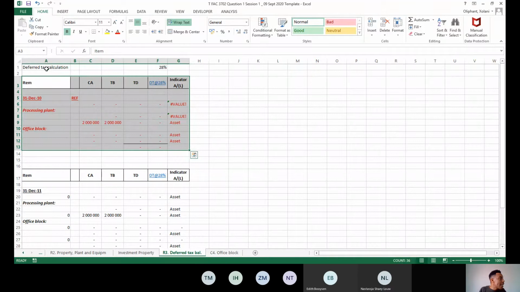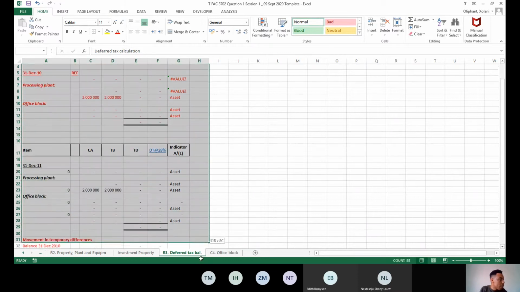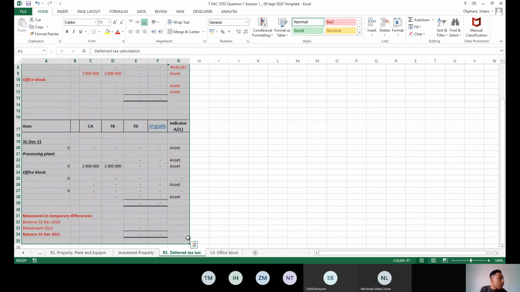So this will be a deferred tax calculation, right? A deferred tax note will be different compared to this. So if they ask you to do a deferred tax note, and you only end here, you're not going to get any marks, because the required, let's say in the exam, says disclose the deferred tax note, right?